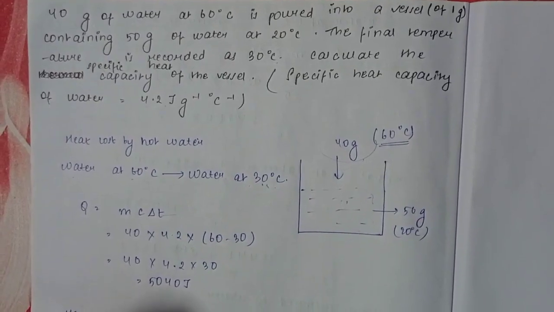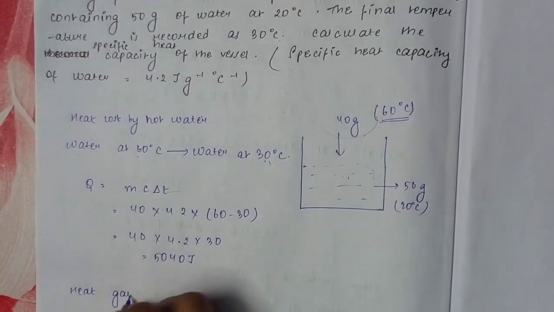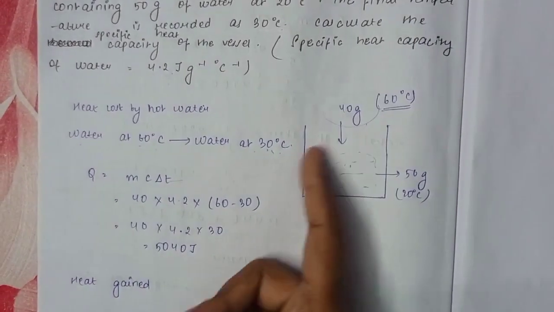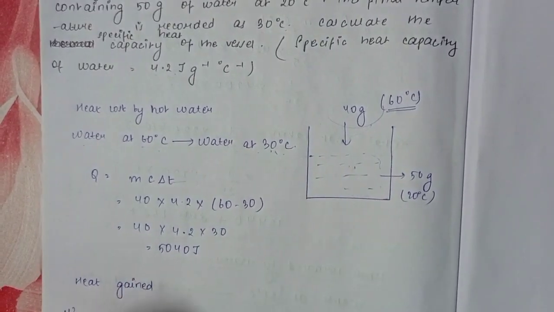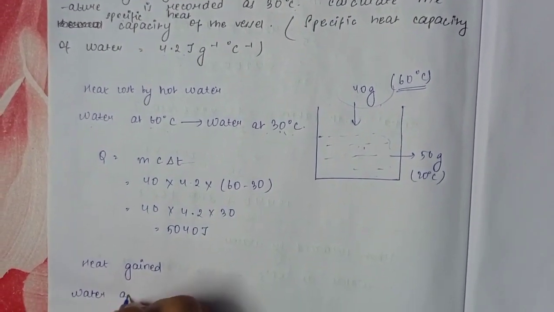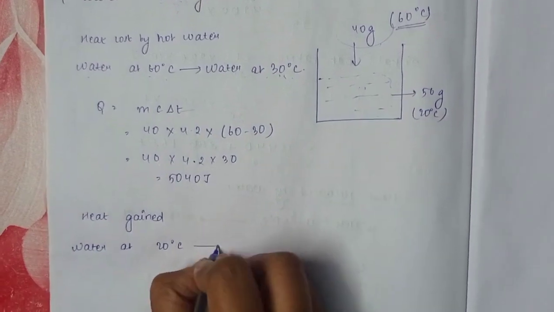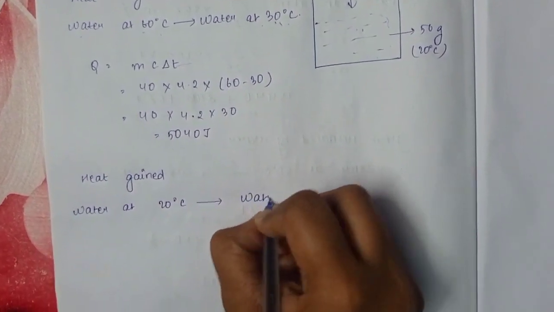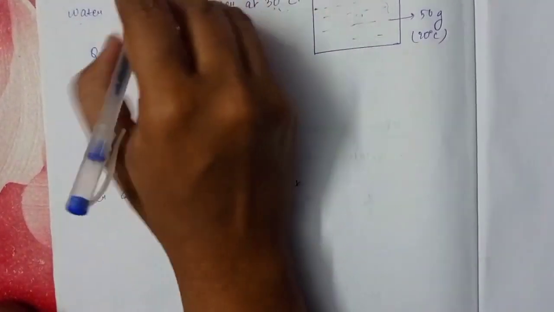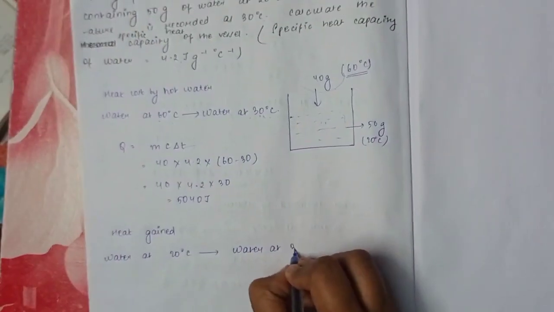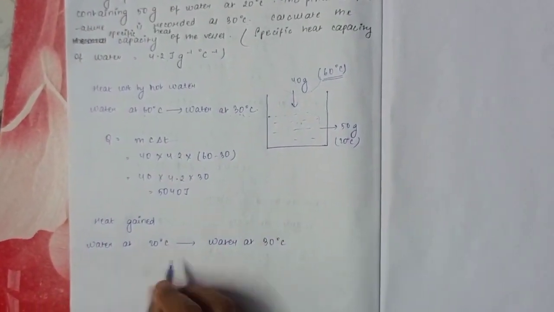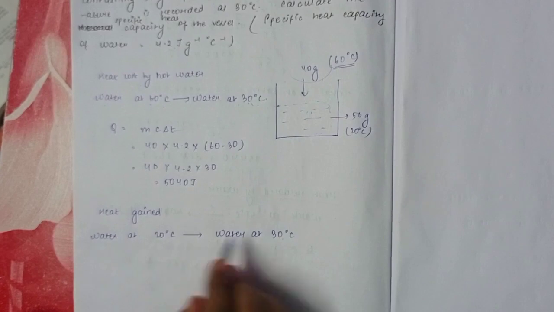So now heat gained. So who is gaining heat? First of all, the cold water. So water which was at 20 degrees Celsius first is converting to water at, what is the final temperature? 30 degrees Celsius. So water at 30 degrees Celsius. So see, there is a temperature difference.